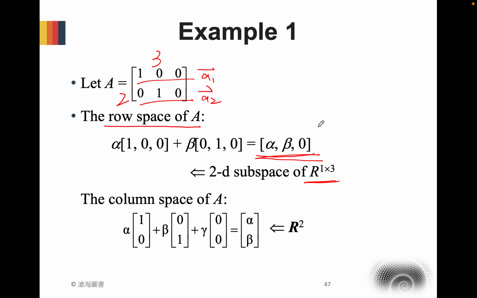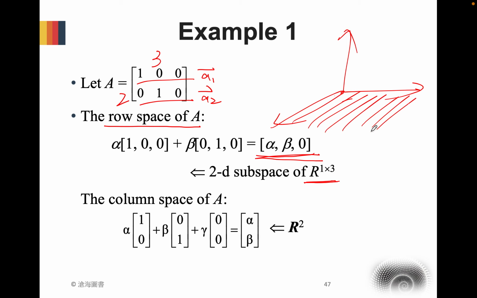So all the vectors on the plane where the third entry is 0 can be represented as a linear combination of 1, 0, 0 and 0, 1, 0. So the row space of A is a plane in a three-dimensional space in this case, right?